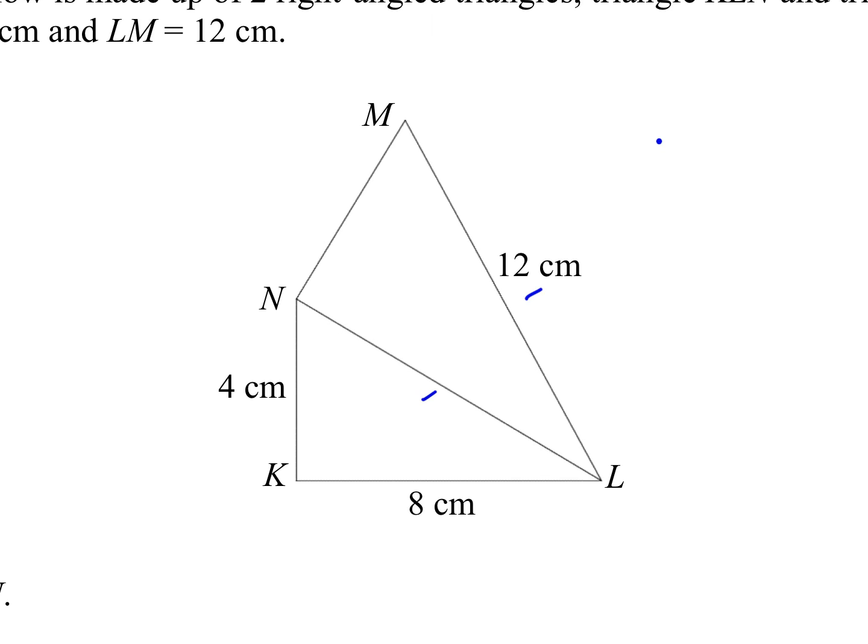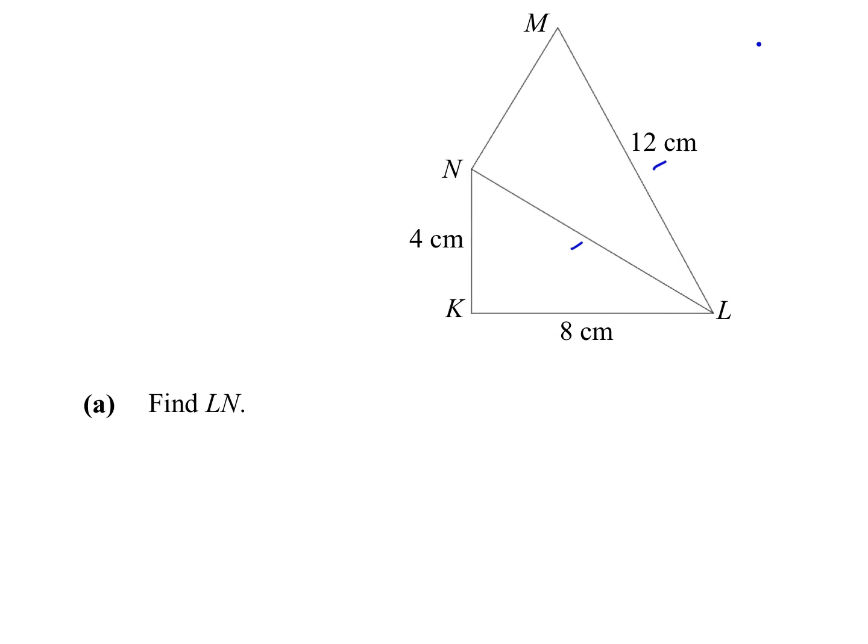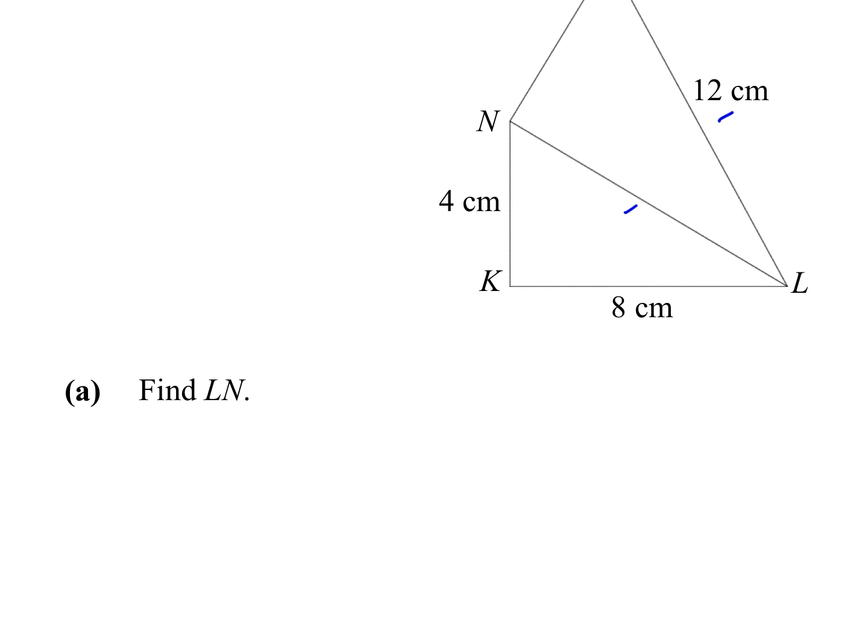Most likely this part needs either the Pythagoras theorem or finding the angle, so use trigo ratio. So let's find LN now. I have 2 shorter sides and want to find the longer side, so I'm going to take the square root, and add or subtract. You all know what I'm talking about? Add them together: 4 squared plus 8 squared.